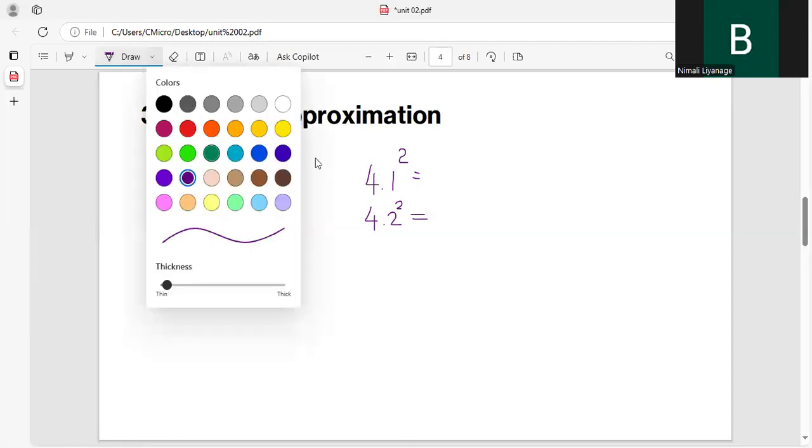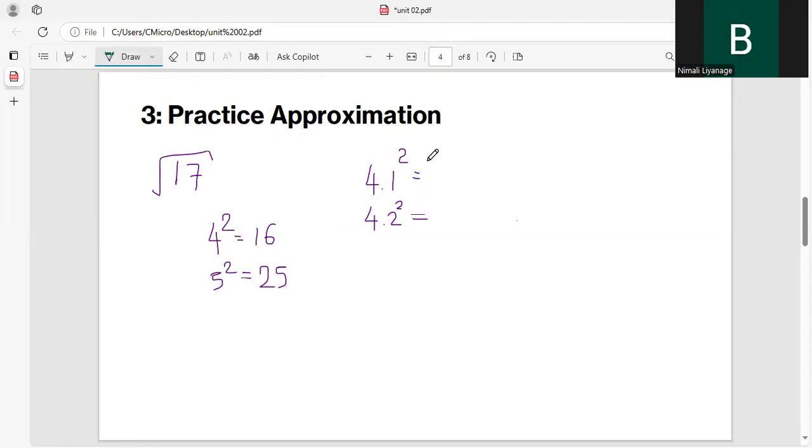Then the square of 4.1 is equal to 16.81, and the square of 4.2 is equal to 17.64, two decimal places.